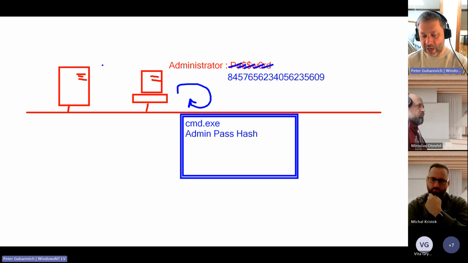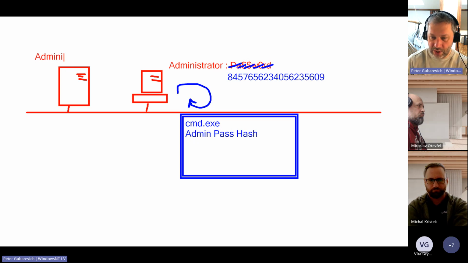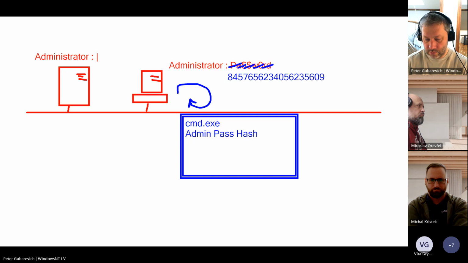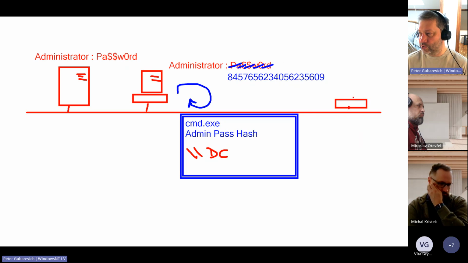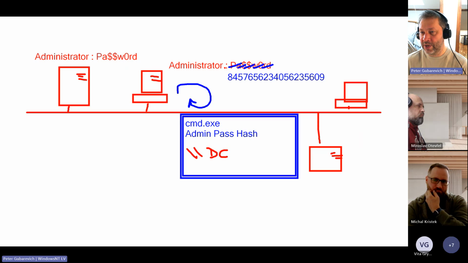But you have typed the same credentials in here, administrator and password. So the hash for this user account is the same. And then I can navigate to a domain controller with no issues. I can navigate to other machines as well, to this machine, to that machine, because the local admin password is one and the same on all machines.